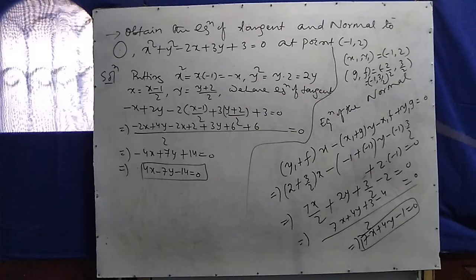Similarly, the equation of the normal can be written. This is the equation of the normal, and x1, y1 are all given. Here the formula is y1 plus f into (x minus x1) plus g into (y minus x1 f) plus y1 g equal to 0.